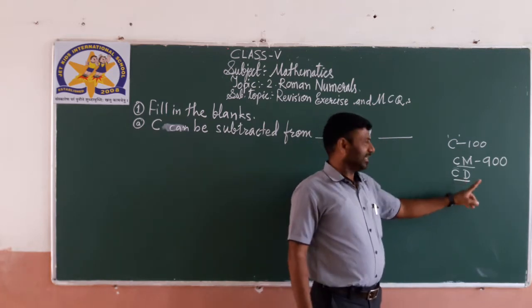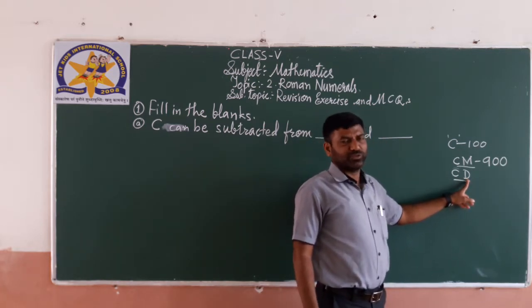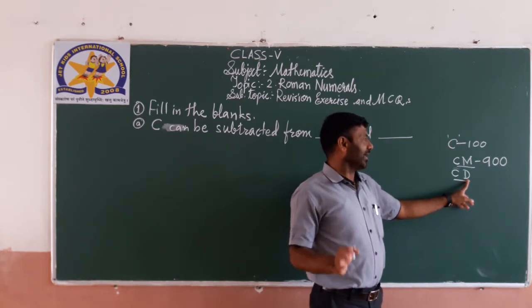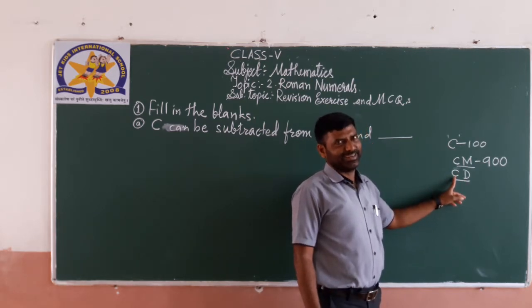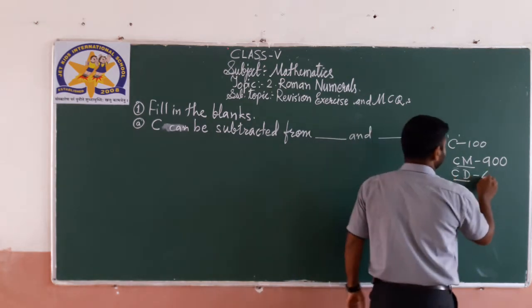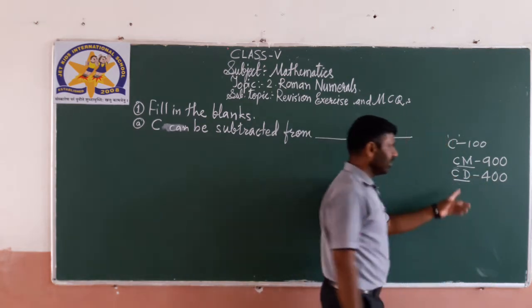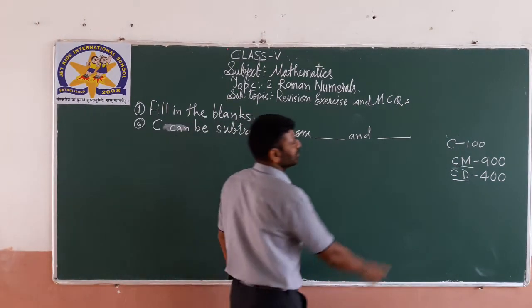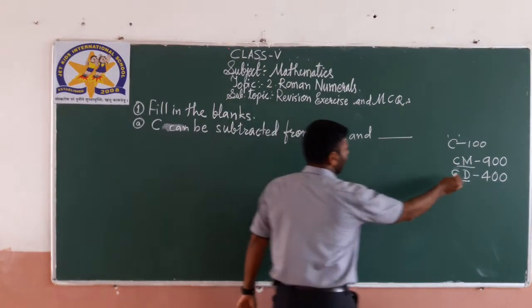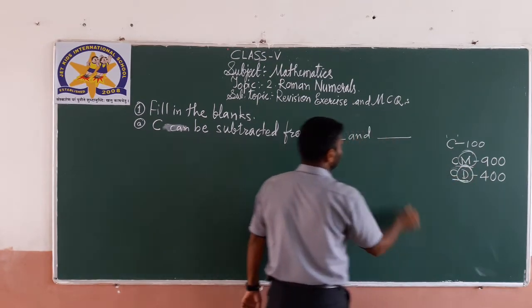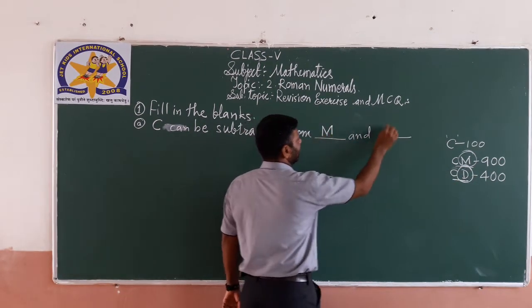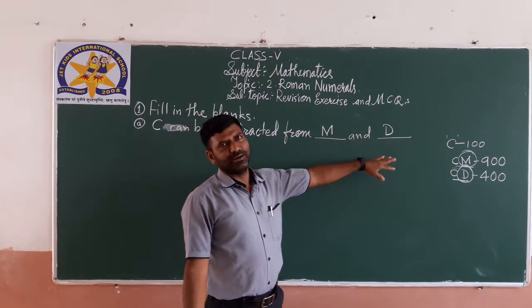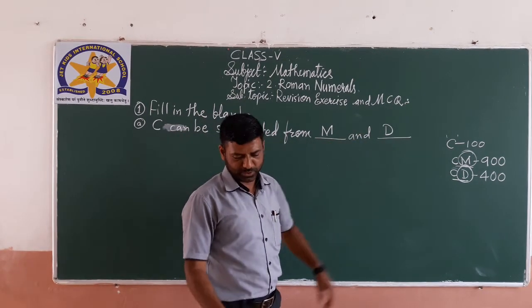CD means 500 minus 100, that is 400. So we can subtract C from M and D. The first answer is M and D. Understand? Now question B.